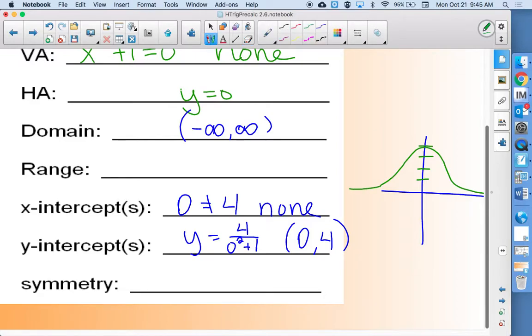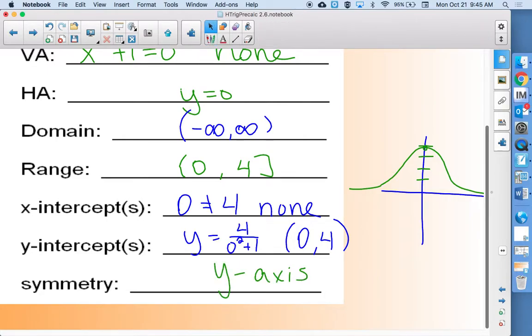If you're in statistics, it kind of looks like the normal distribution in a way. The range is this max here. It doesn't touch 0, but it goes up to 4. And this is symmetrical with the y-axis. This has y-axis symmetry. Question?